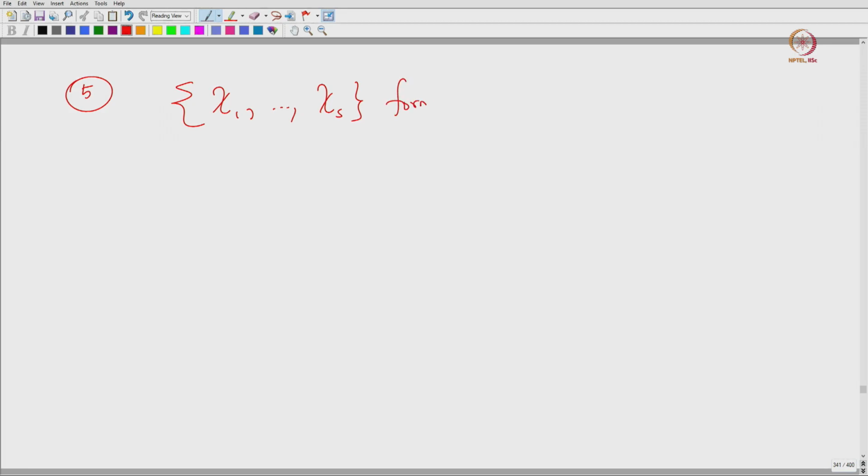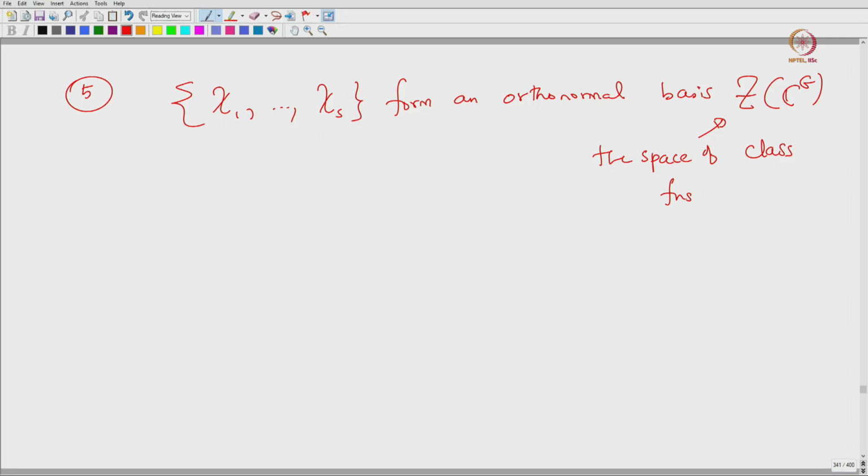In particular, we can see that the rows of the character table are actually orthonormal.